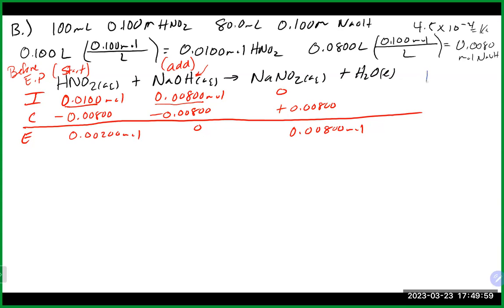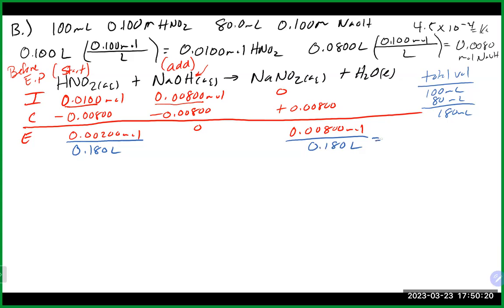So our total volume at this point is, we started with 100 of the acid, and we added 80 of the base. That's 180 milliliters. So we're going to convert each of these into molarity by dividing by 0.18 liters, our total volume at this point. 0.002 divided by 0.18 gives us 0.0111 molar.